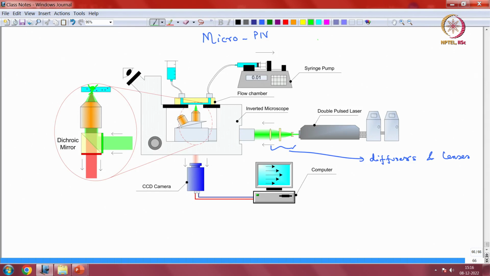So in micro PIV, this green light that we have drawn here floods this entire volume.